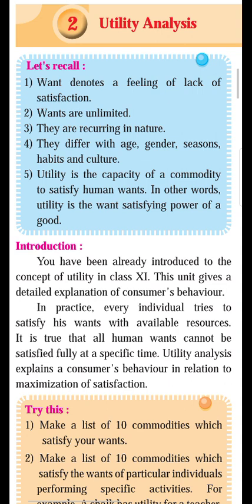For example, as far as age is concerned, different people have different ages. A child has a different demand for the commodity, a teenager has a different demand, and old age people have a different want or demand. Okay, gender based, gender means male or female. So male have different demand, female have different demand for the commodity. Different season.